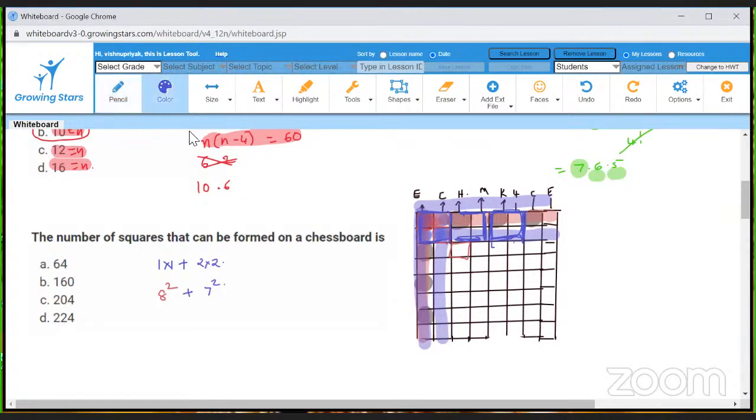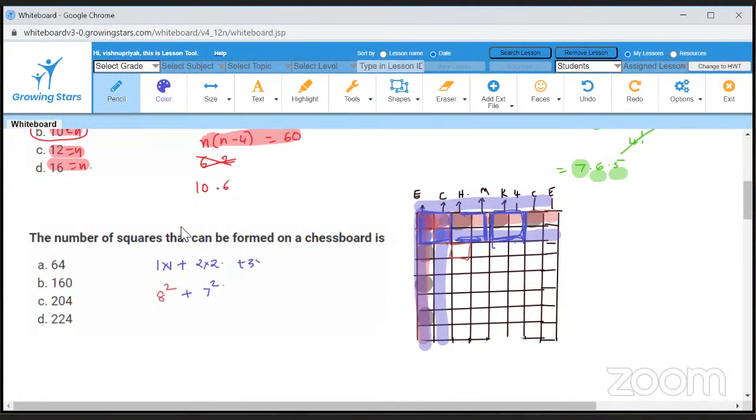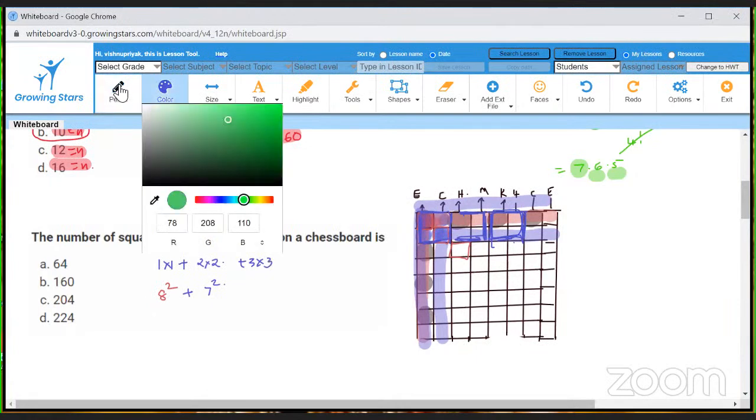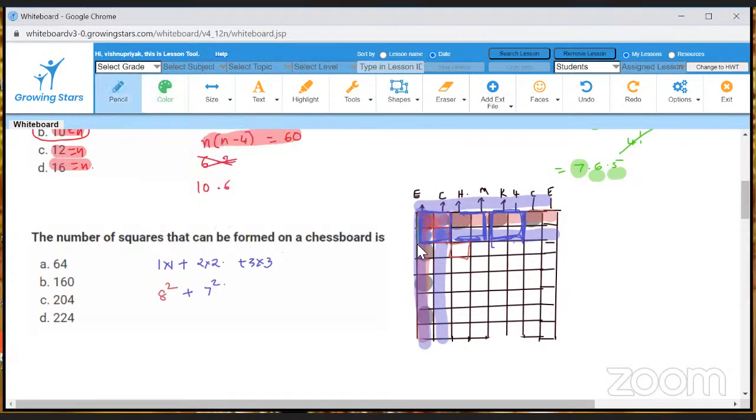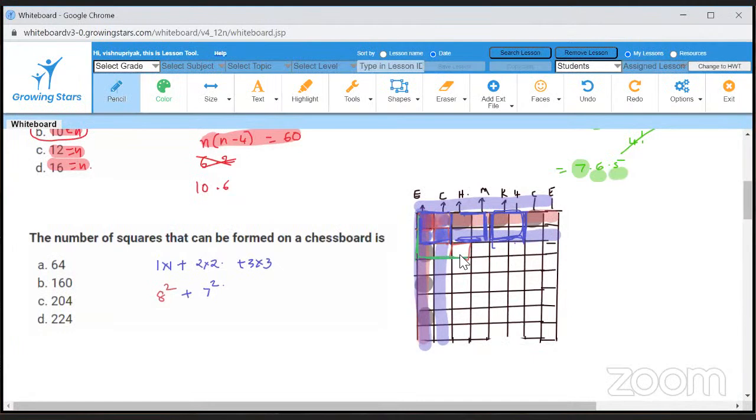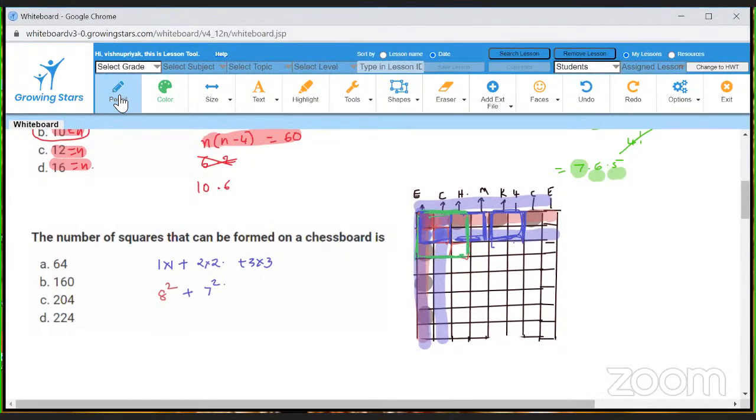And after that, 3 squares also can make a big square. I'll show you with green color. 3 squares here, 3 squares here, like this. A big square can be formed. When you include the third row also, 3 square.